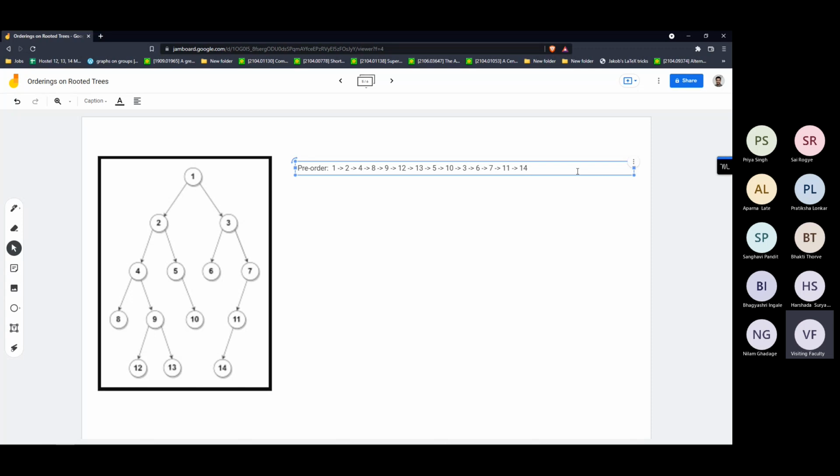Once that is done, root, left subtree, right subtree of 3 are complete. So this completes the right subtree of 1, which means the whole tree is over. And now if you check, there are 14 vertices total, 1 to 14, and you have 14 elements, all of them present here. Yep, there are total 14. So this completes the pre-order.